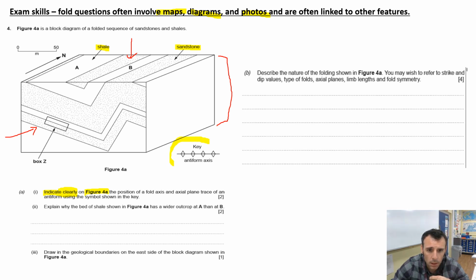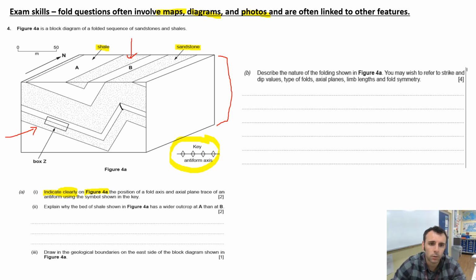So we're using this here to put on the antiform axis, and have a look at your notes, but it needs to bisect the fold or go down through the hinge. So this area here is going to be absolutely key.